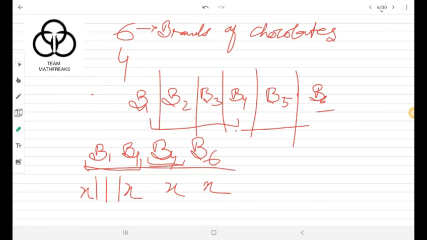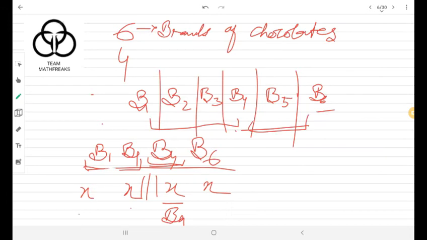Then 1 from brand 4, leaving 2 lines. This is also chosen from brand 1 and this is also chosen from brand 1, so there is no gap between them, and the line should not be placed here. One, two, three: this is our brand 4's chocolate.